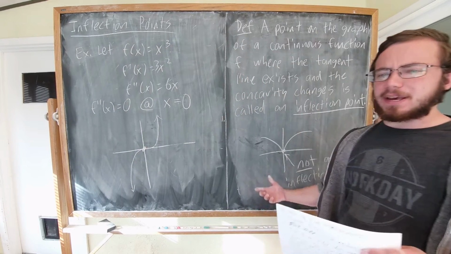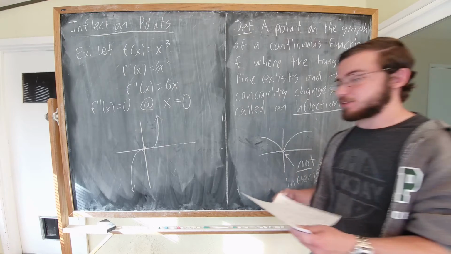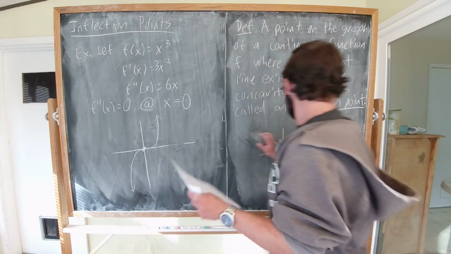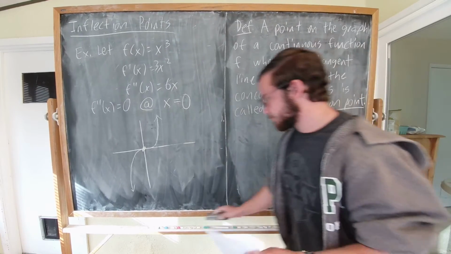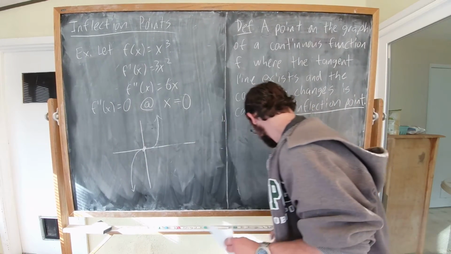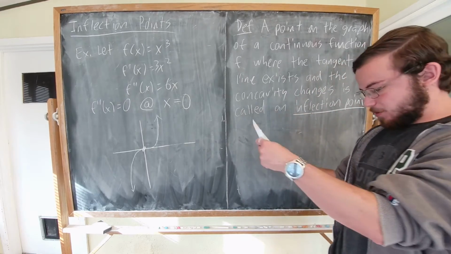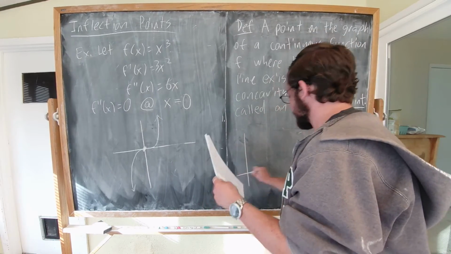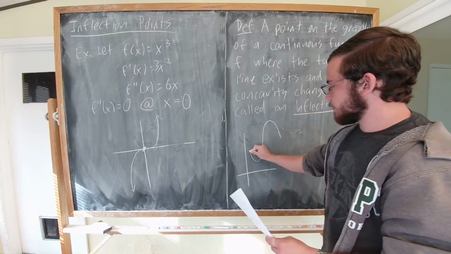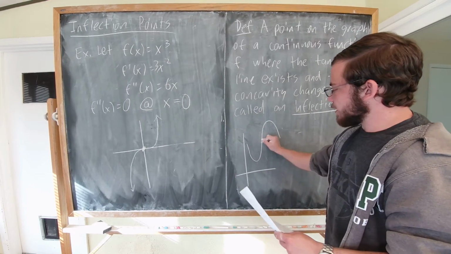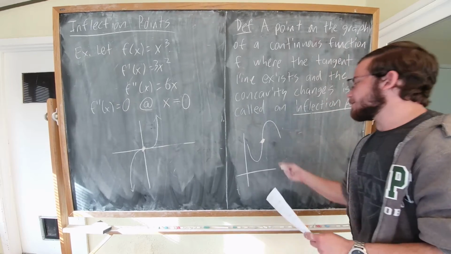So let's draw a couple examples that would give us inflection points. Maybe we'd have something that looks like this. We'd have an inflection point right about there, right?